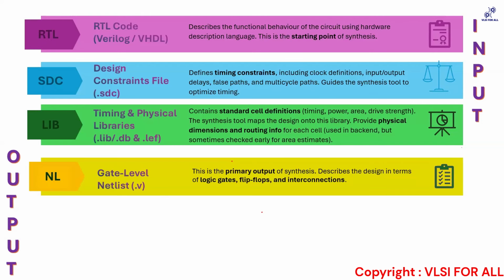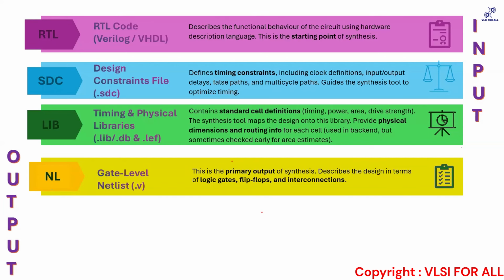Now, let's look at the different kinds of outputs generated by this flow. As I stated, the first and primary goal of synthesis is to generate the netlist. If you cut it down, it's just net and list. It is the network formed between your cells, called a netlist.